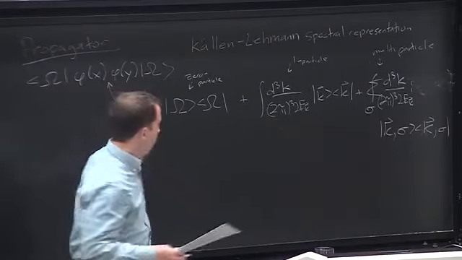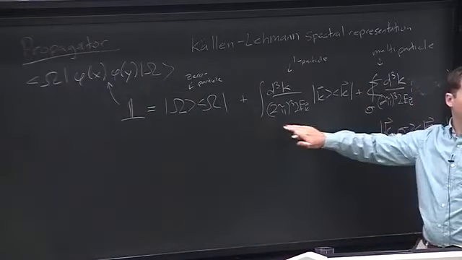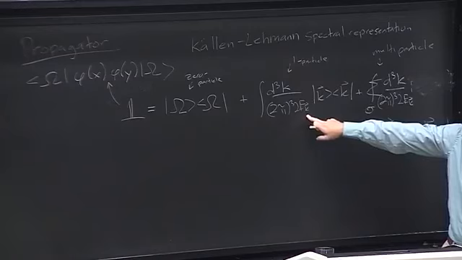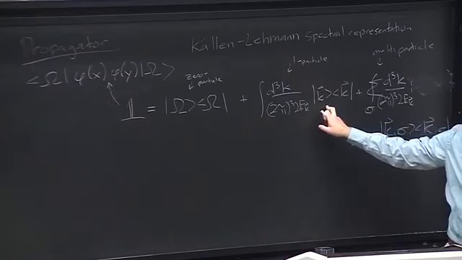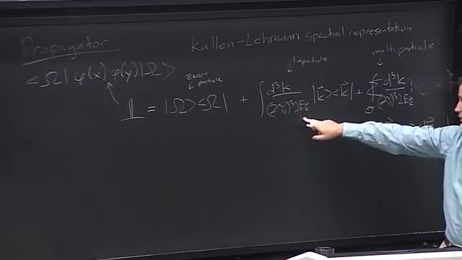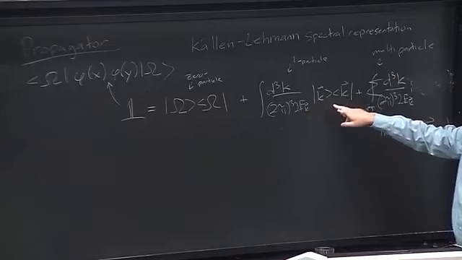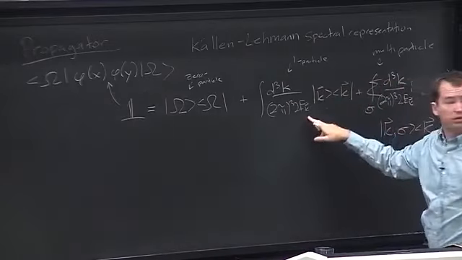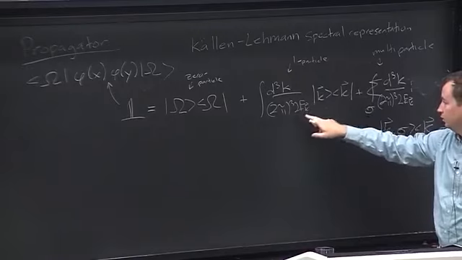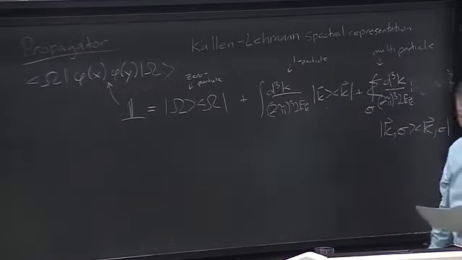And so the nice thing about inserting the identity in this form is that this involves the physical energy and momentum of the states, and the physical energy of the states shows up here. So we've written the identity in a physical way that involves the energy, which will involve the physical mass of the particles.